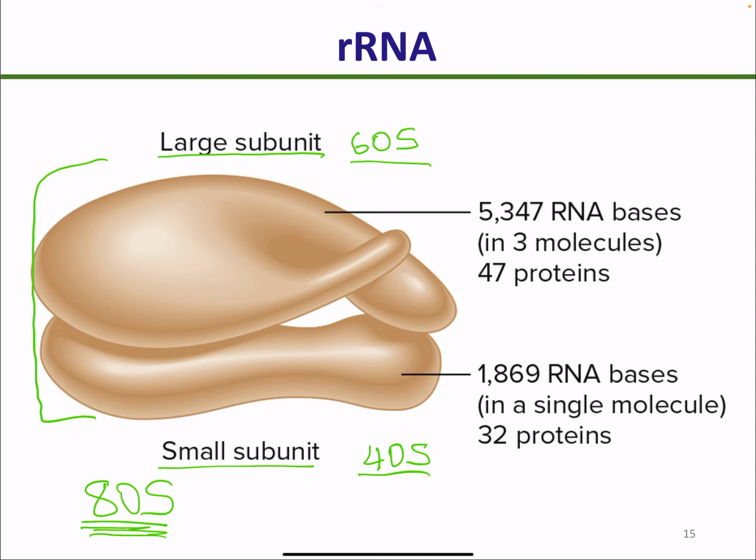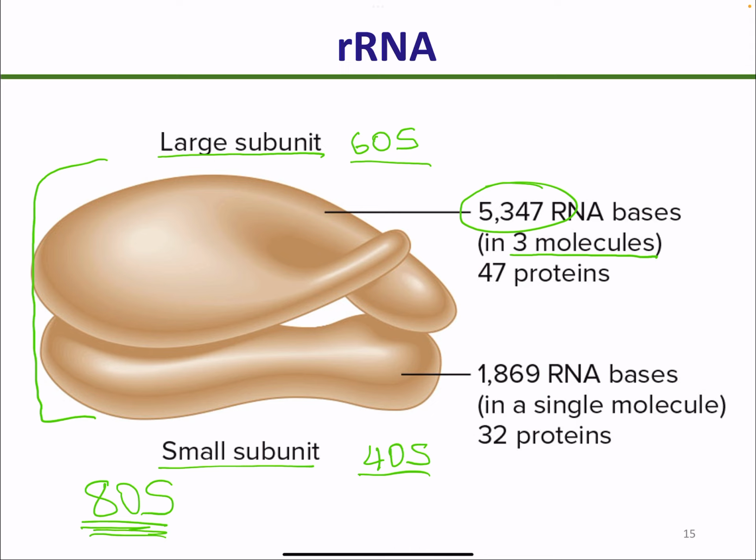Now, what is the difference between the large subunit and the small subunit? The large subunit is different from the small subunit in that the large subunit is much larger. And why is it larger? It is larger because it has a bunch of RNA, 3 molecules of RNA in there. And this RNA has a lot of nucleotides.